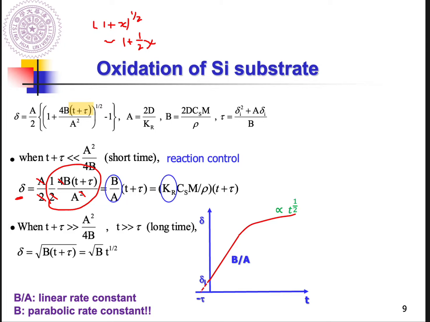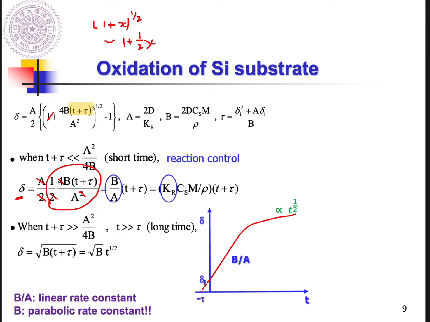So this, some people call it, for a short reaction time, reaction control, because the thickness of the oxide layer is proportional to the rate constant, Kr. And for a longer reaction time, this is much larger than A squared over 4B. This term is very large, so you can drop this term out, and take the square root.